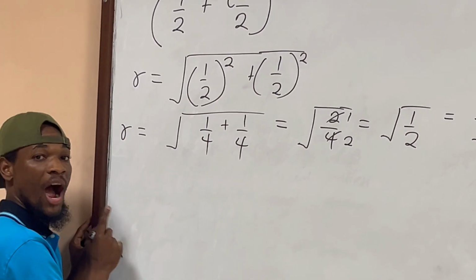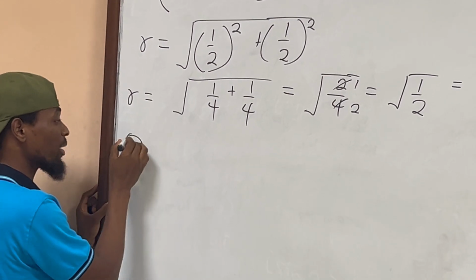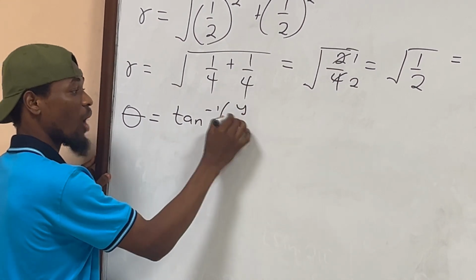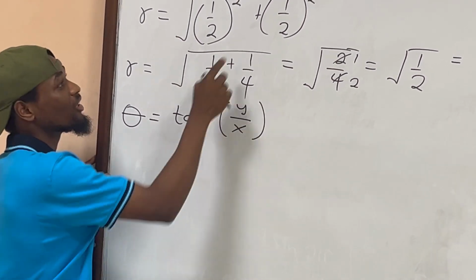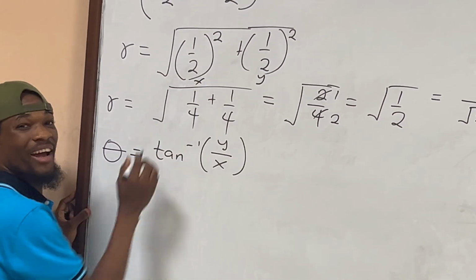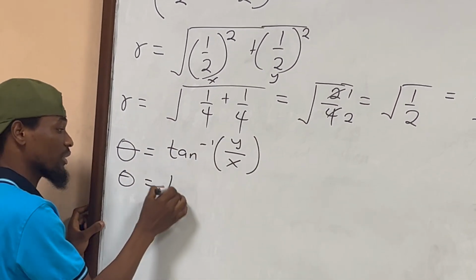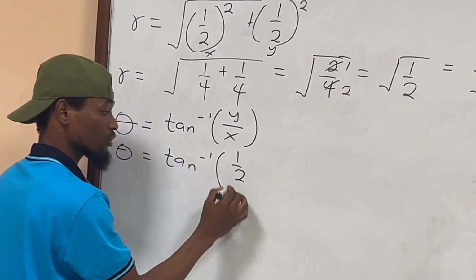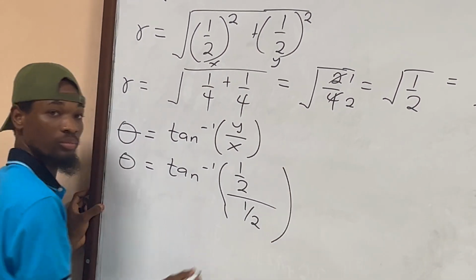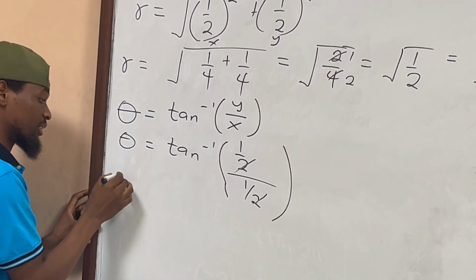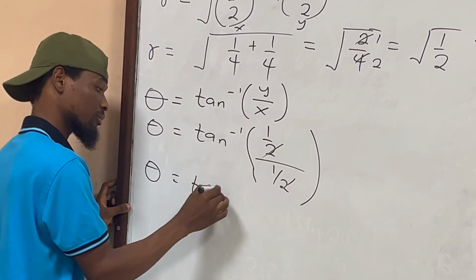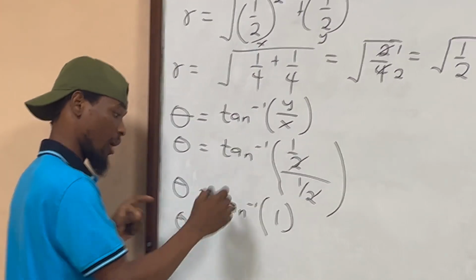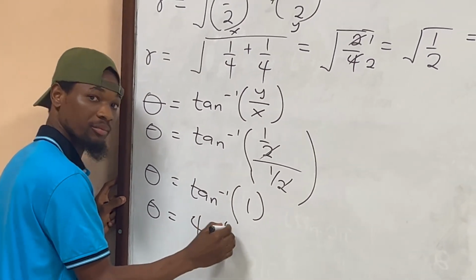Let's look for our argument, okay? Theta is equal to tan inverse of y over x, not x over y. So we assume this is my y and this is my x, right? So theta is equal to tan inverse of (1/2) over (1/2). The 2 cancels the 2, so theta is equal to tan inverse of 1, which is 45 degrees.